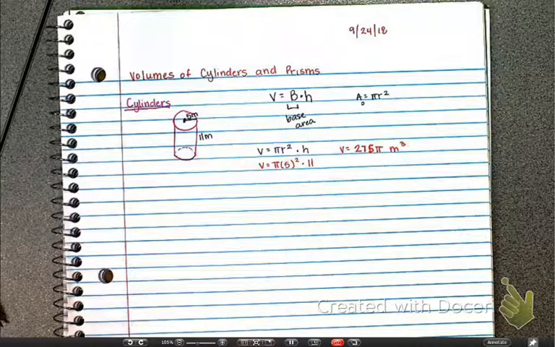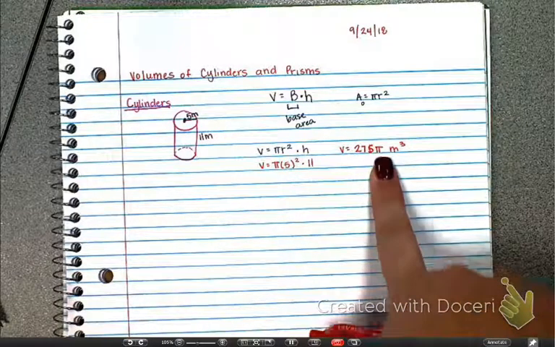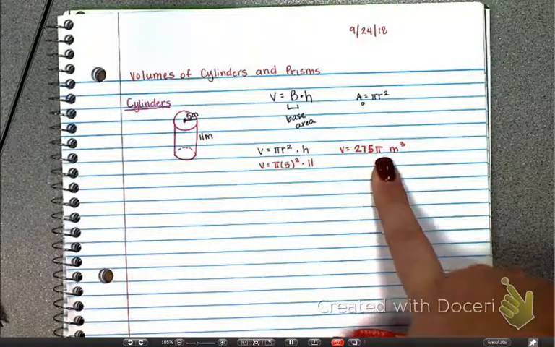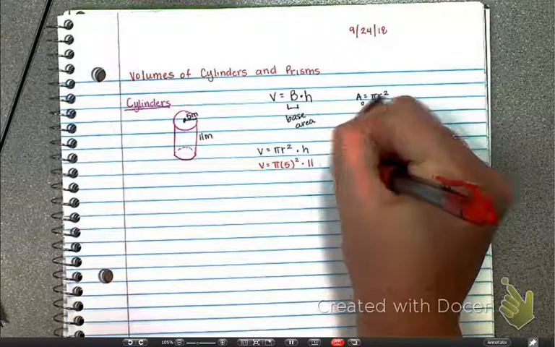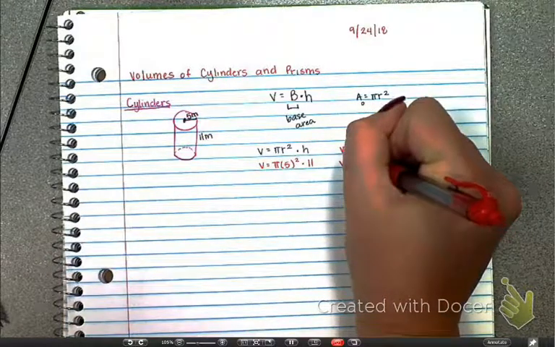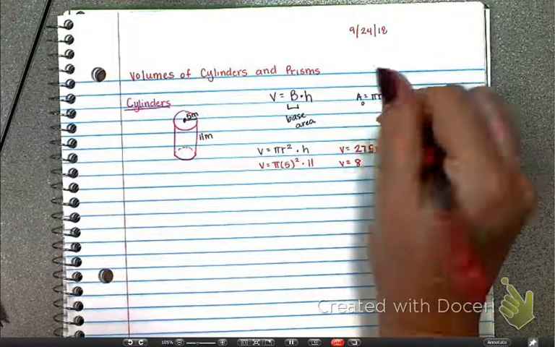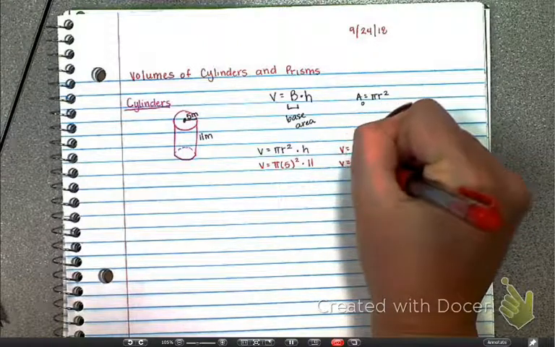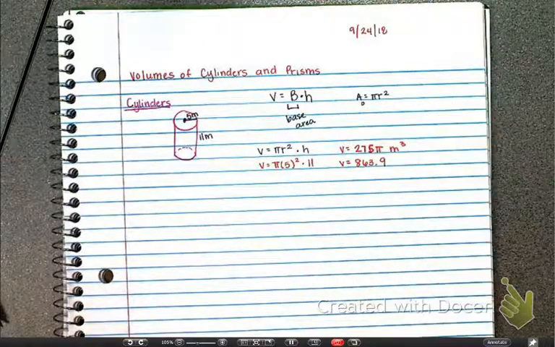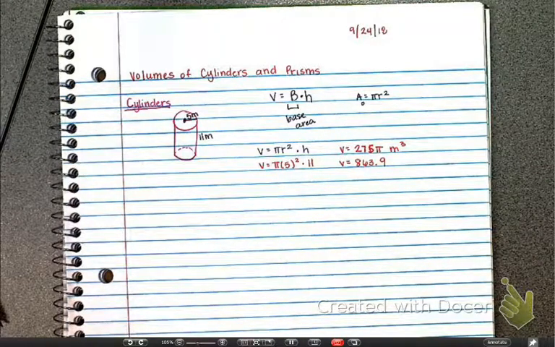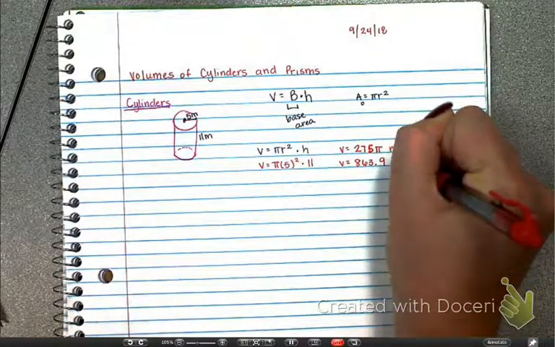Now, if I want to round that to the nearest tenth, we're going to take 275 and multiply it by pi, and what do you get? 863.9 meters cubed.